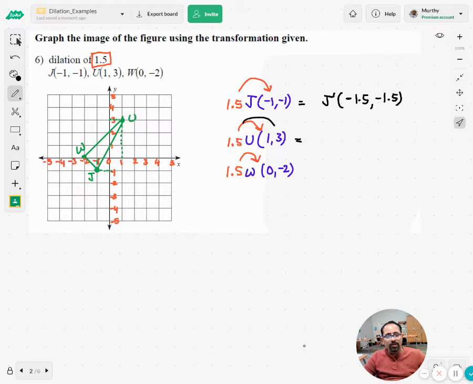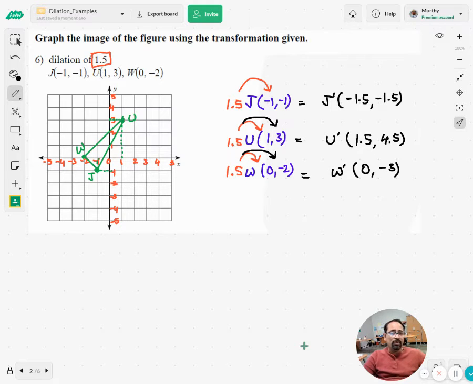Then when I multiply 1.5 times 1, that gives me again 1.5. 1.5 times 3, you make use of a calculator, you get 4.5. Next 1.5 times 0, that gives me 0. 1.5 times -2, use a calculator, then you get -3.